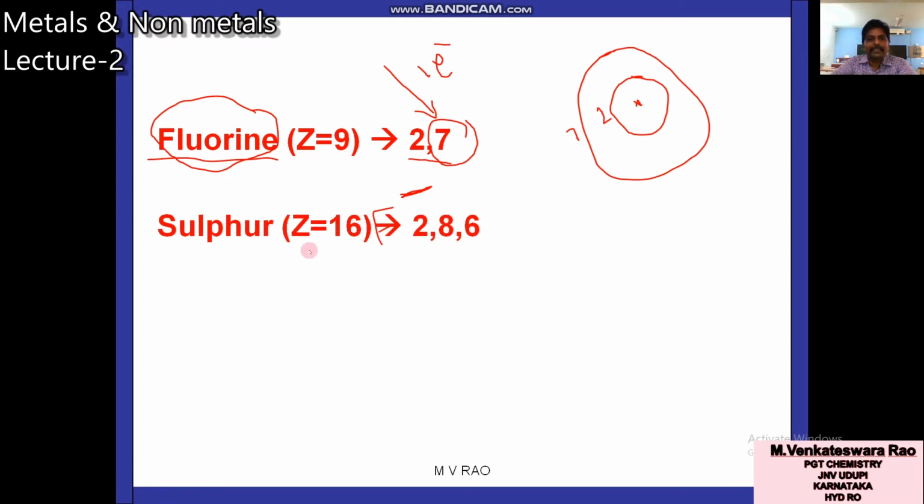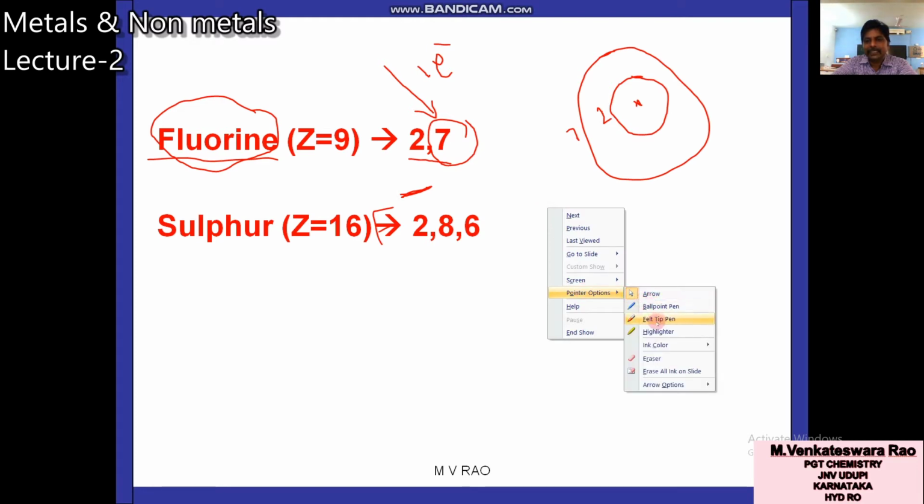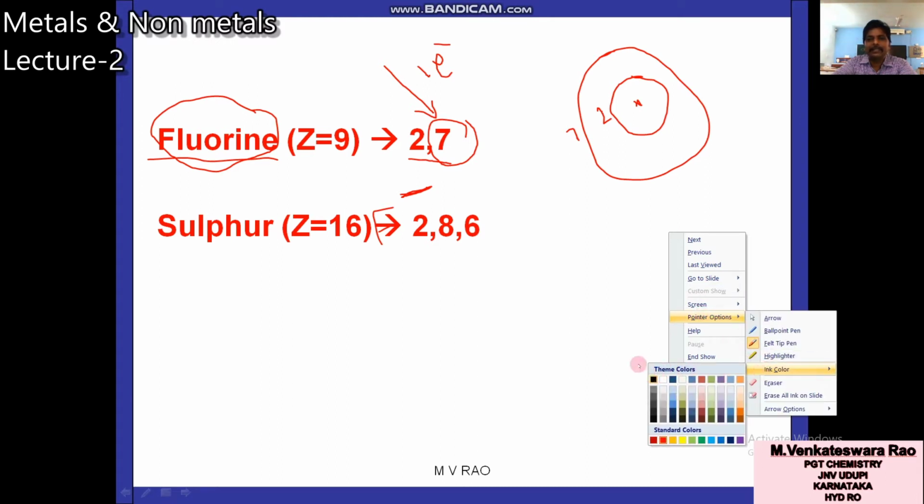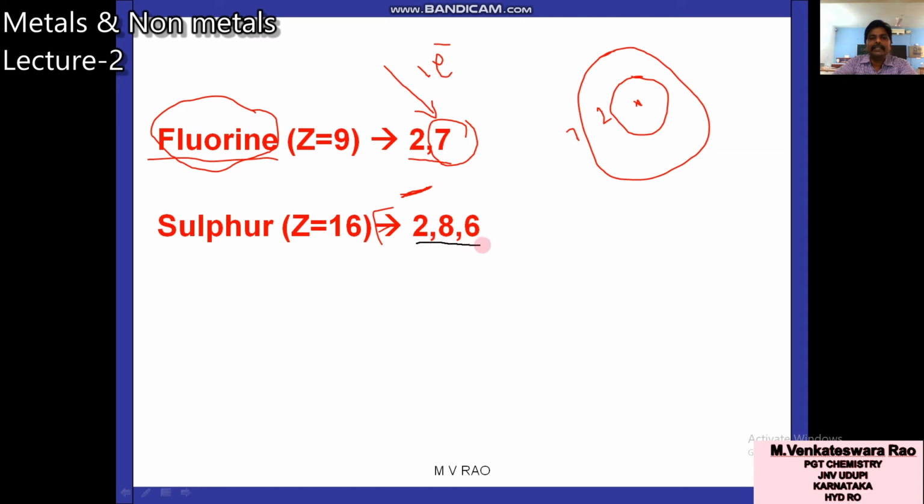One more example, sulfur, Z equals 16. What is the electronic configuration of sulfur? 2, 8, 6. That means 2 electrons in the K shell, 8 in the L shell, and 6 in the M shell. In the valence shell, 6 electrons are there.